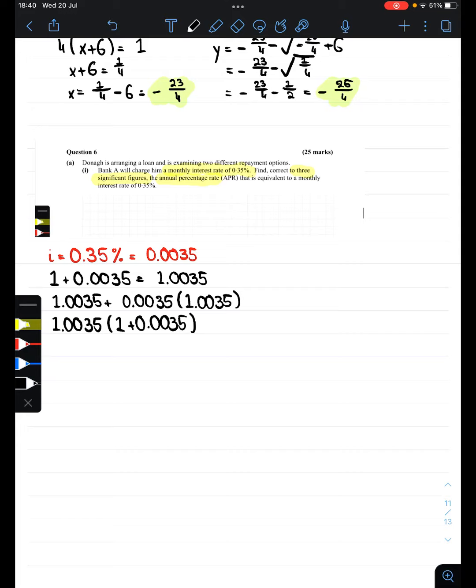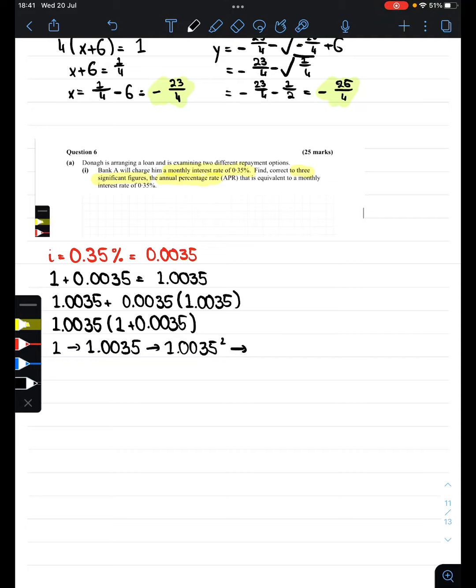So we start with 1. It becomes 1.0035, and then it becomes 1.0035 squared. And as you can imagine, this just keeps going on.